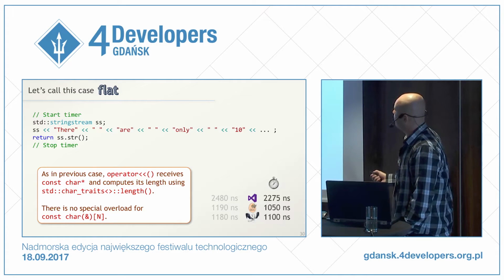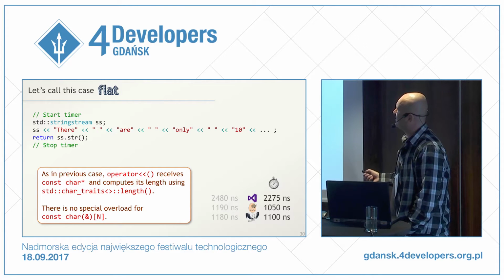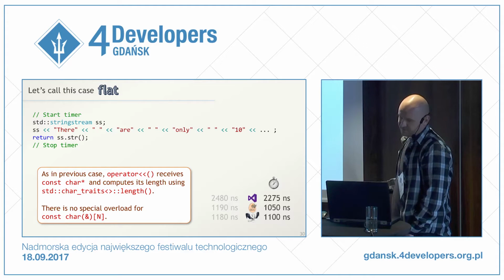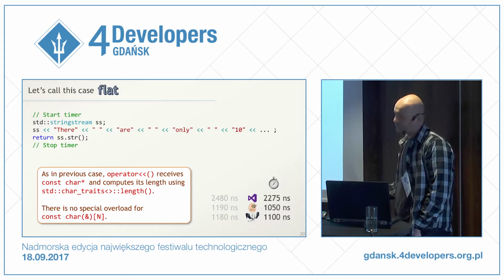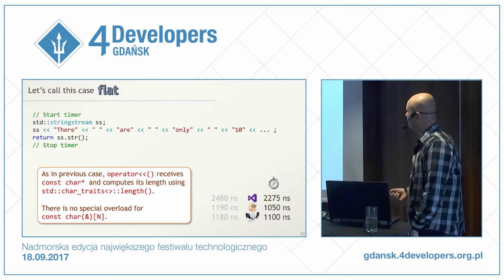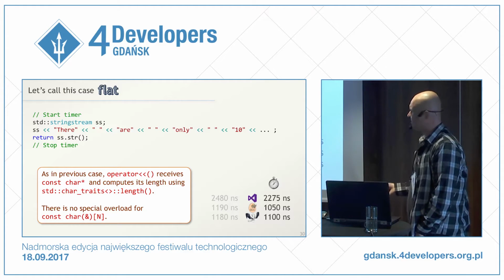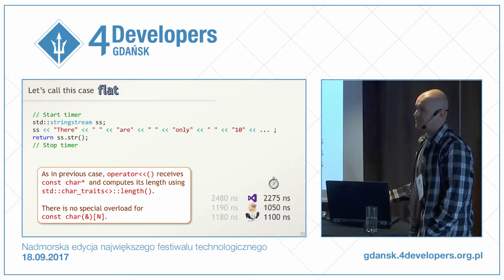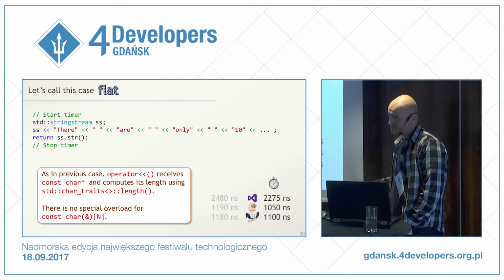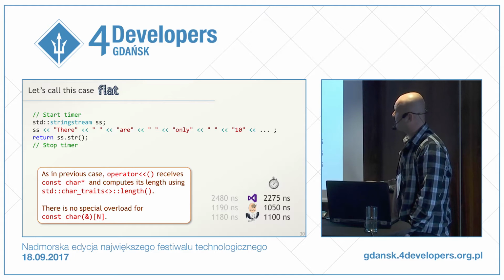Well, here you have literals which can be passed as an array of characters, right? So let's call this model flat. And here are the times. Pretty similar. Strange. I thought it would be faster than in C# and Java. Well, it's not.